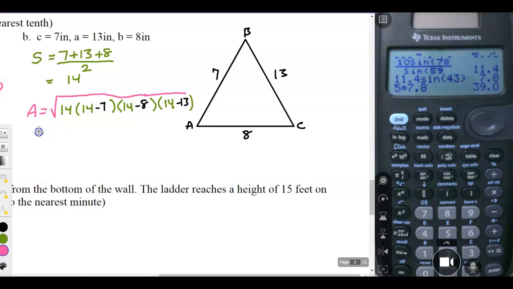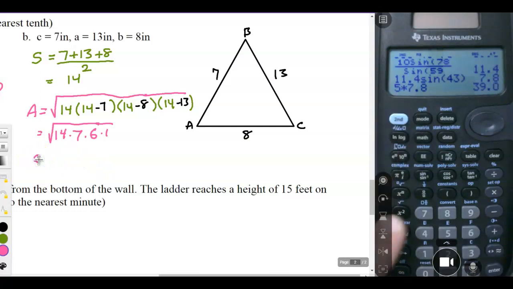Alright, so we have square root 14 times 7 times 6 times 1. And let's just go to the approximation from here.